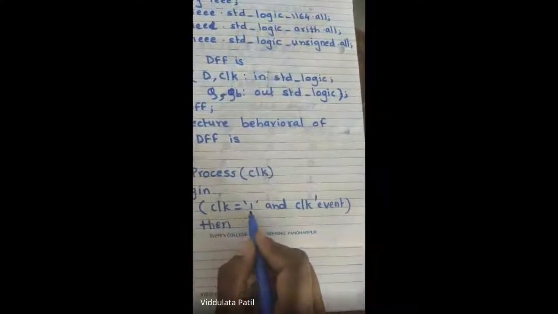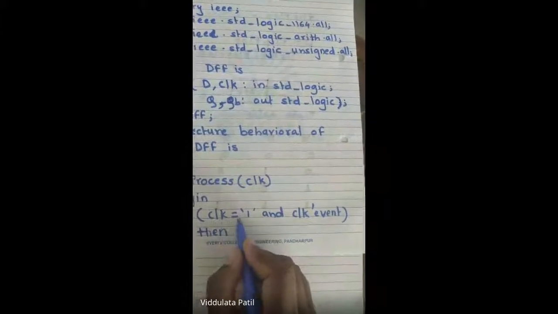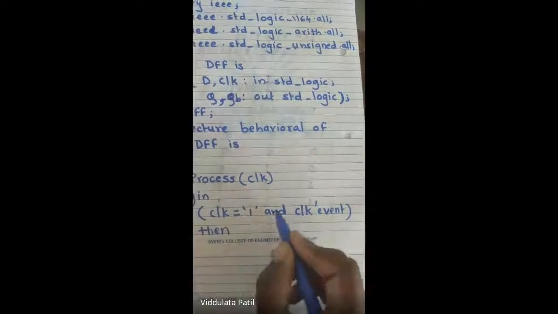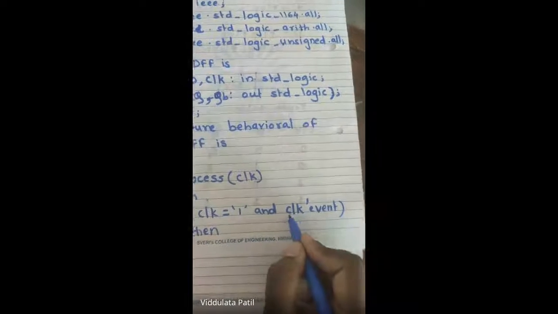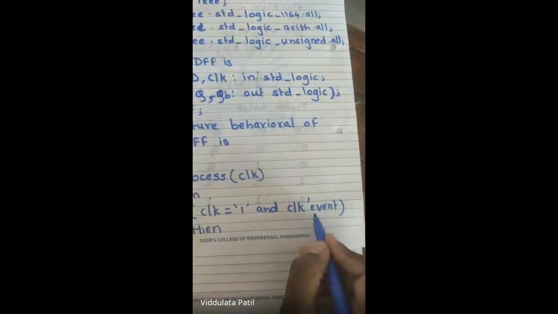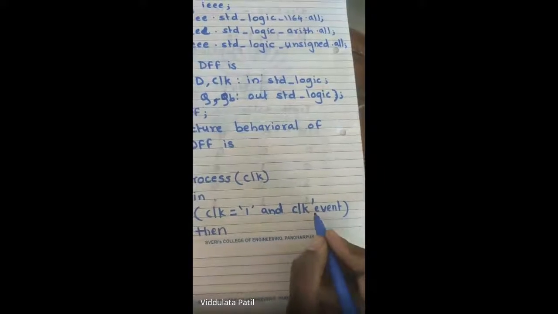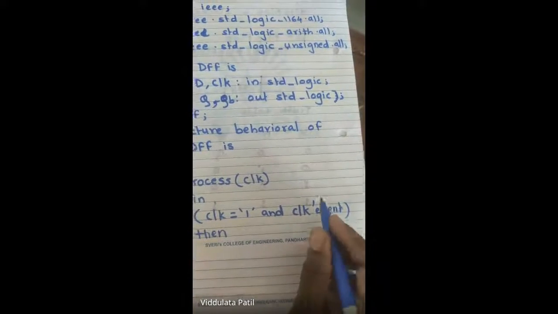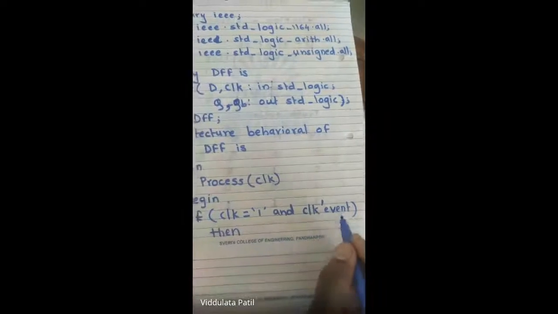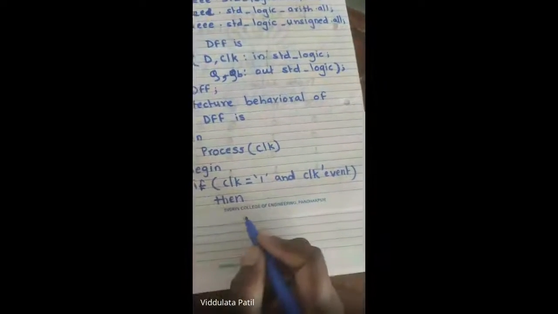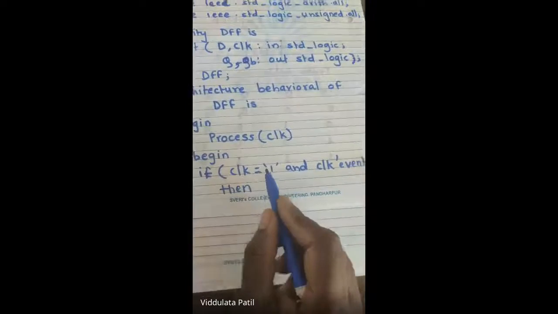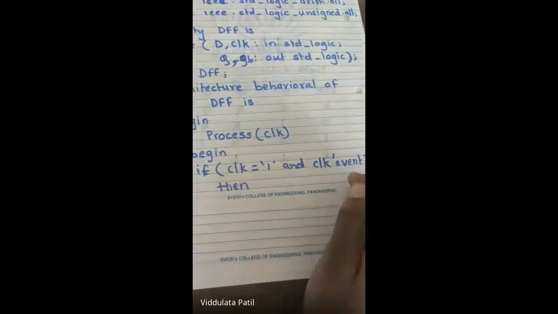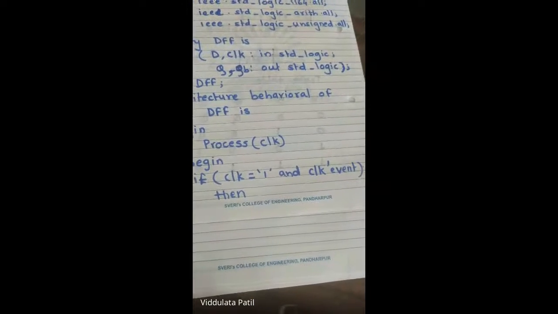If the clock becomes 1, so I have assigned clock is equal to 1 value and clock hyphen event. Now the meaning of this is that whenever there is a change in the clock signal, and the clock is changing to 1 at the same time there is a change in the clock signal, that means this clock is changing from 0 to 1.